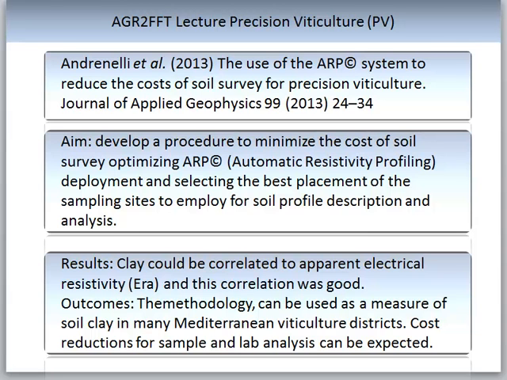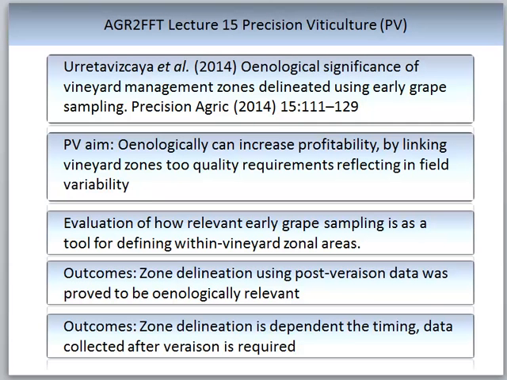Some work published in Precision Agriculture Journal shows the significance of winemaking and how that might be able to improve quality if you zone your vineyard. This paper looks specifically at how you might use early grape sampling in order to determine the management zones.